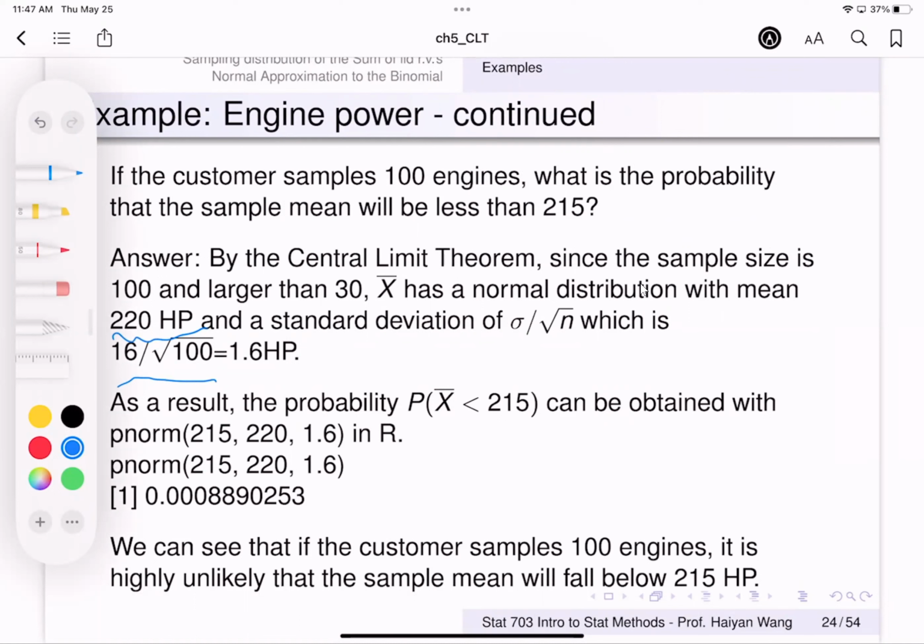The probability of the average less than 215 now becomes, we use the p-norm with 220 for the mean and 1.6 for the standard deviation. Now the probability becomes 0.00889. So it's much less than 1% chance to observe an average out of 100 to be less than 215.